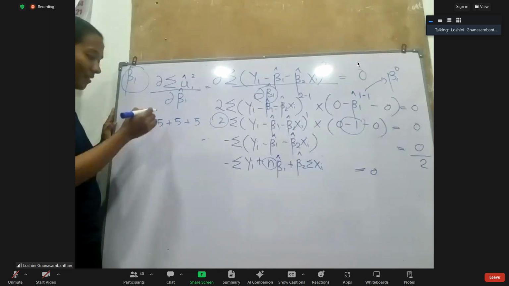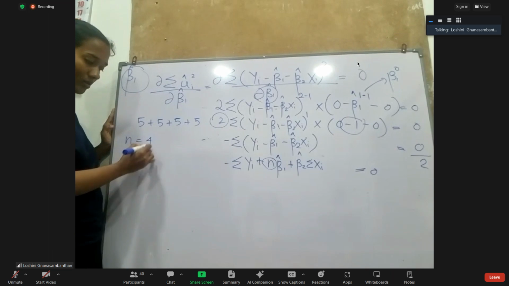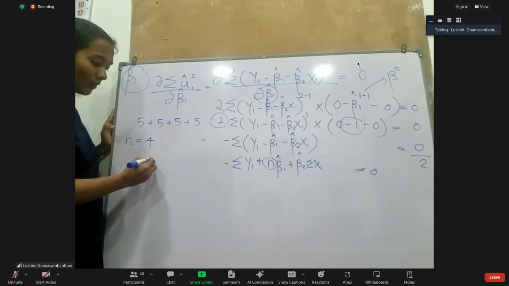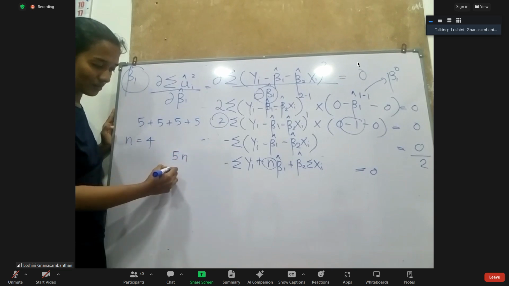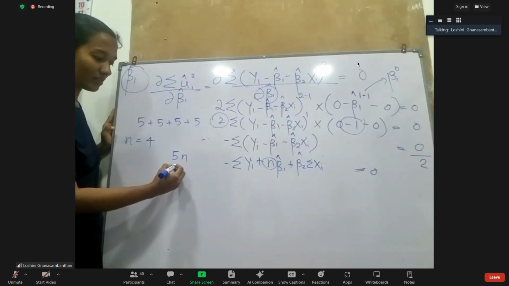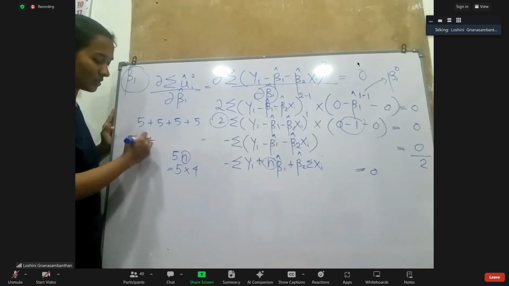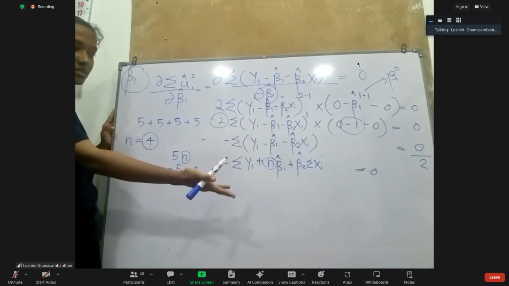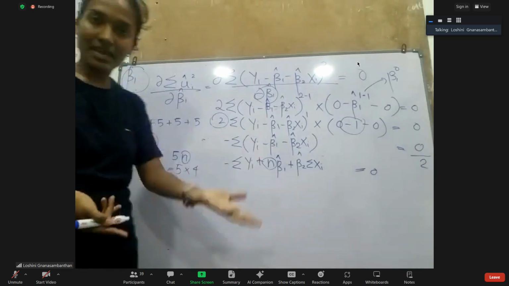There are 4 times 1. So actually the n is 4. In another way, how can you write this? 5n. If you want to take the sum of it, 5 into 4. This n is how many times?